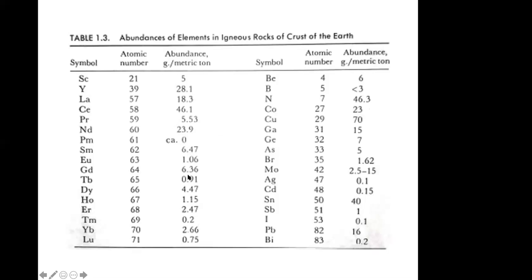But as you proceed along, some of these get more and more scarce. There can also be difficulties in mining these, particularly how to separate the lanthanides from each other. But you'll note that promethium here is listed as essentially zero abundance in the Earth's crust. And that's not exactly true, it does exist in nature.